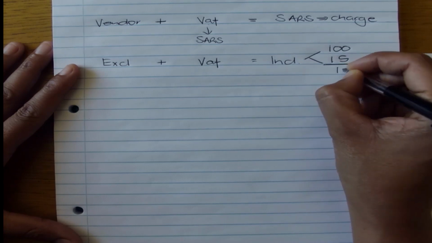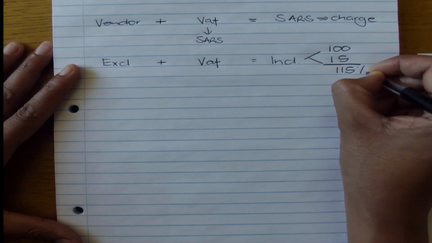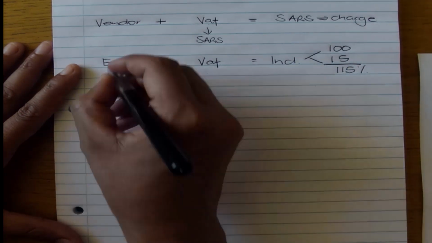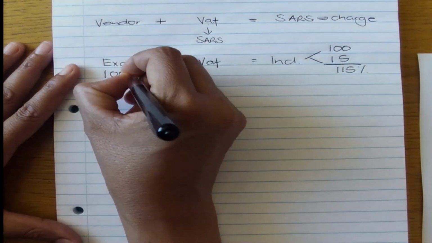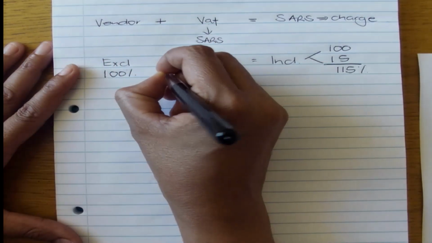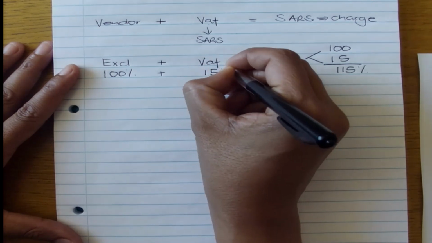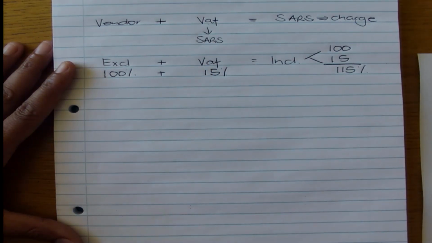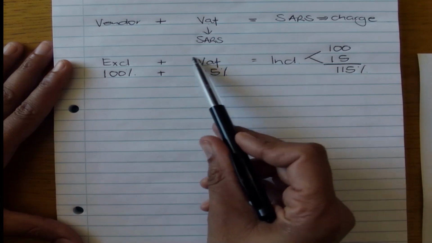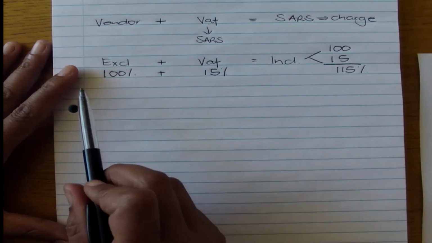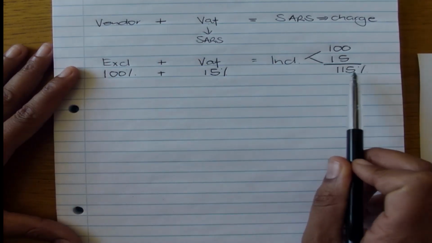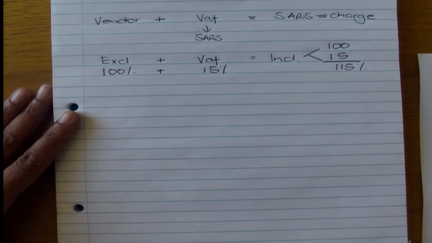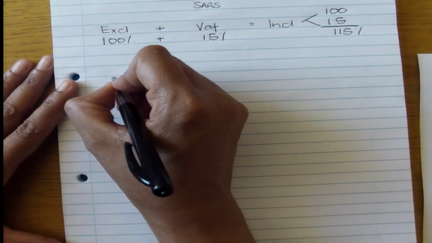So the inclusive amount always represents 115%. Your excluding amount always represents 100%. Plus your VAT amount always represents the 15%. Like we read in our question, VAT is at 15%. If VAT was 14%, you would have said 100 plus 14% would have given you 114%.